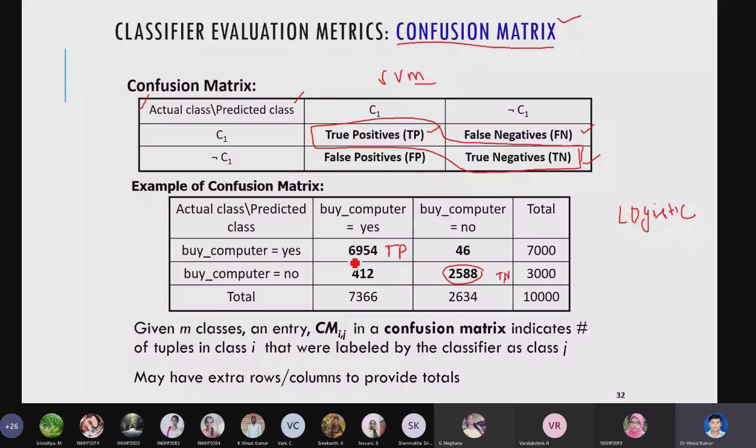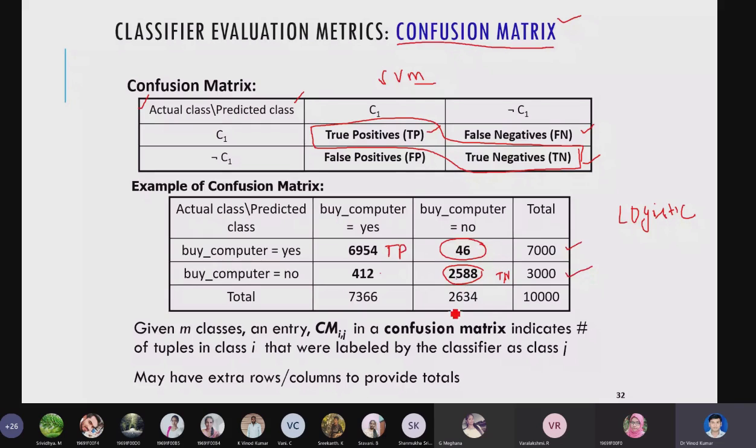So this diagonal is true positive and true negative. This is the false negative and this is the false positive. How many false positives? 412. And how many false negatives? 46.